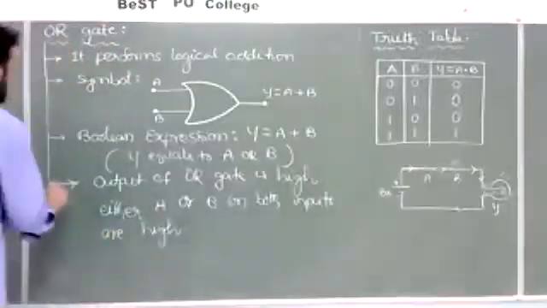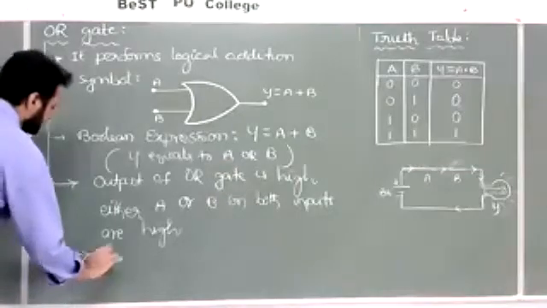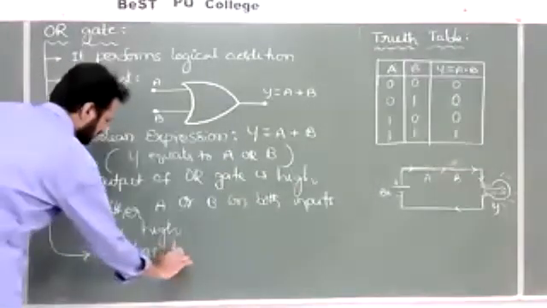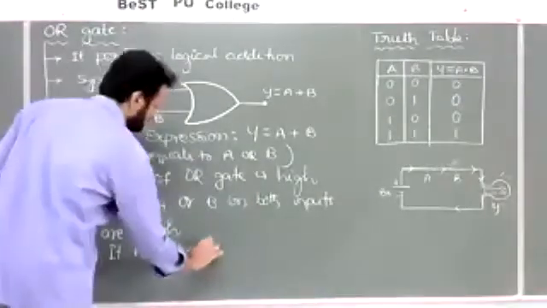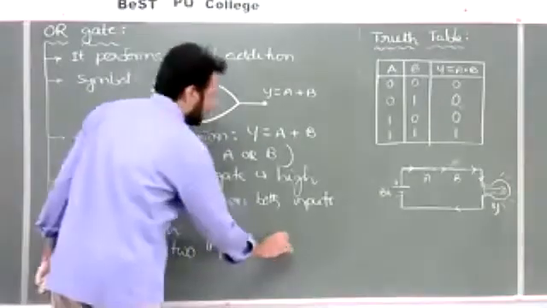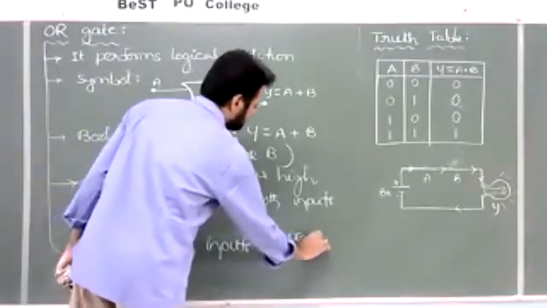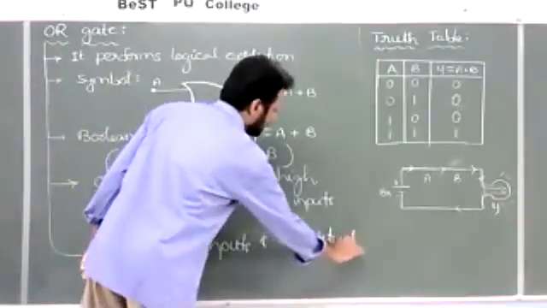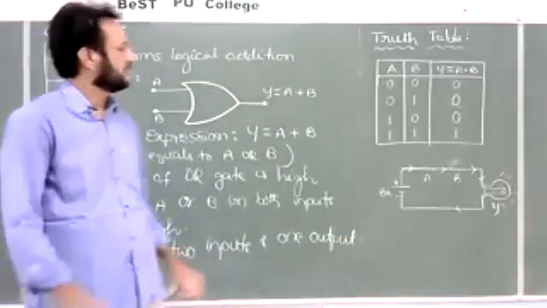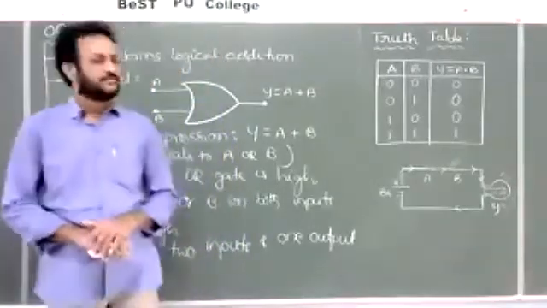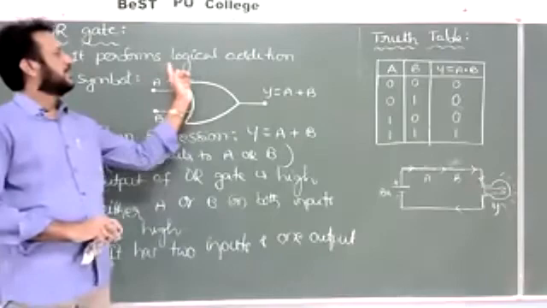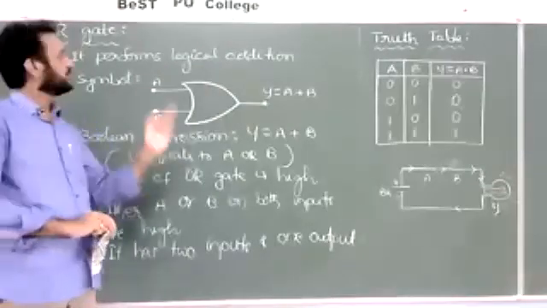OR gate has two inputs and one output. So that is about OR gate. Generally, a logical circuit which performs a logical addition is known as OR gate.